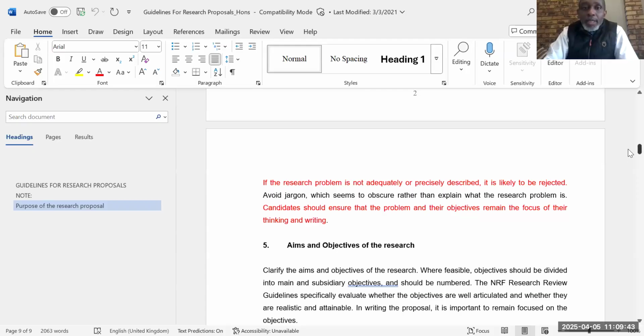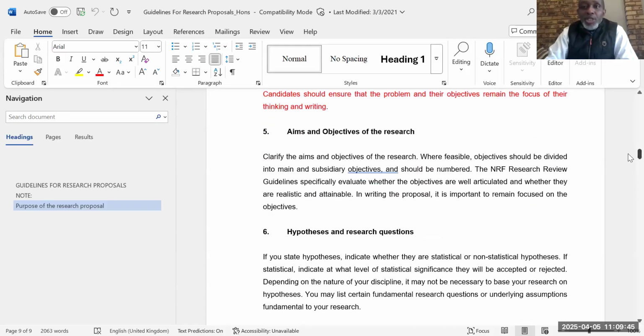And the next one is your hypothesis, obviously, and your research questions. Most of the time, your research questions should be close to your objectives. Like with the example we gave earlier, if you say we're looking at soil quality in 6 states or 3 states in Nigeria.